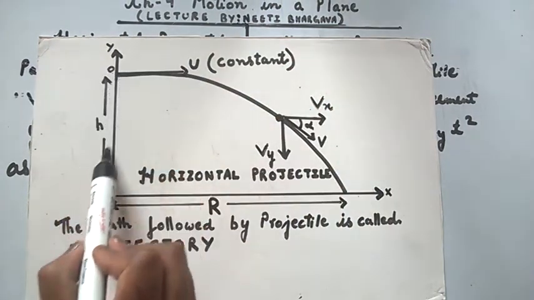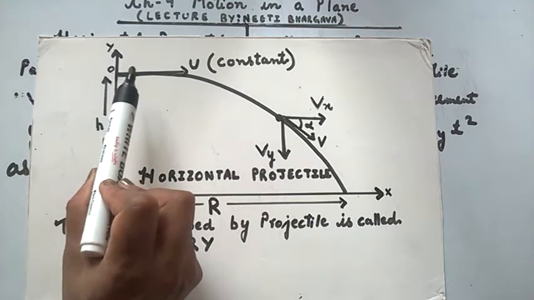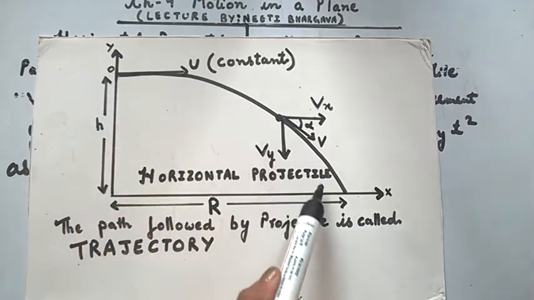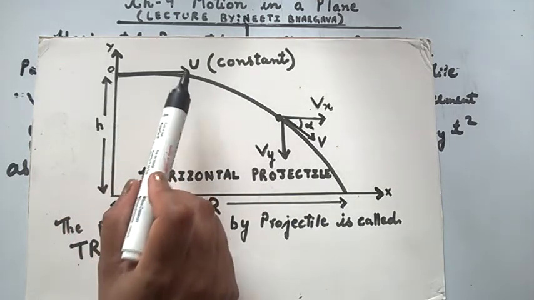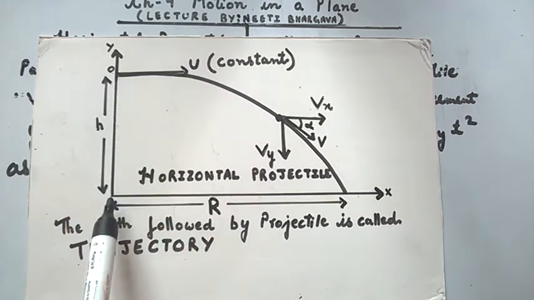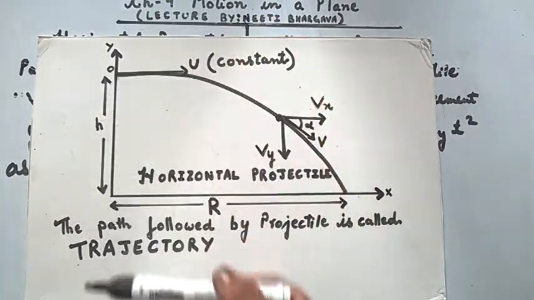Thus, because acceleration is vertically downward, and here we are moving opposite to that, it will be negative. And the vertical displacement is also negative because we are moving in this direction. All these upward directions are considered as positive and these directions are considered as negative.